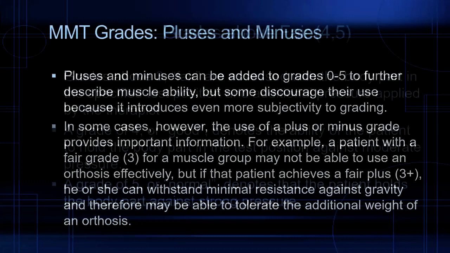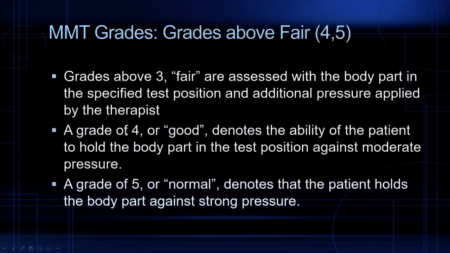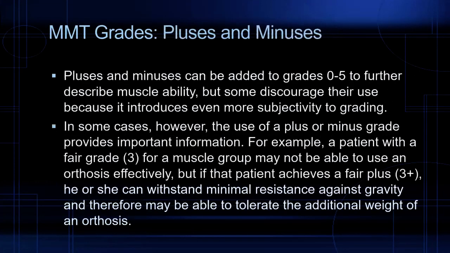And again, let me go back, there's a little subjectivity there too, right? Because, moderate versus maximal, all right? 3 is the most consistent grade overall. Now, you will see some pluses or minuses thrown in there, okay? And if you look in your chart, it does actually list a couple pluses or minuses.